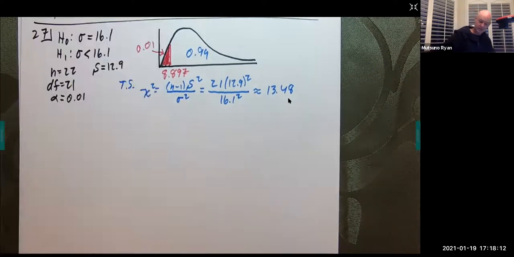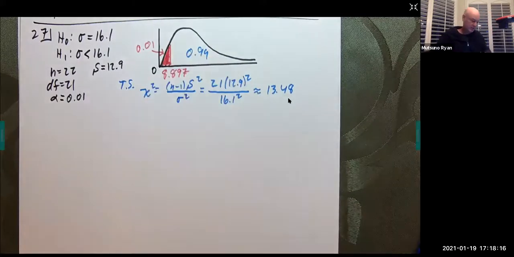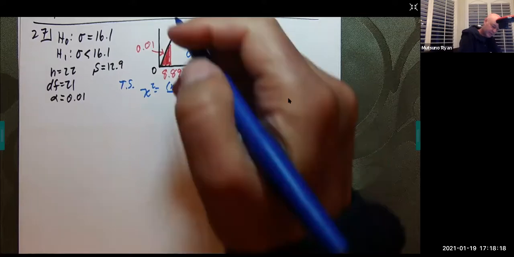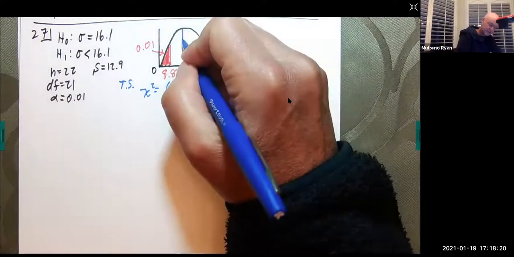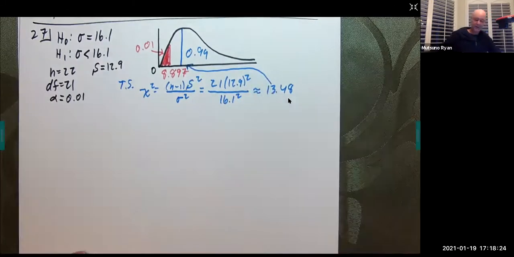And we can see, don't forget this starts at 0, 13.48 is right there. So we are not in the critical region. We could do p-value, but I don't want to confuse with it.